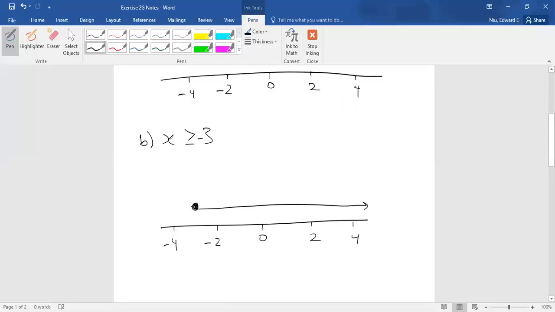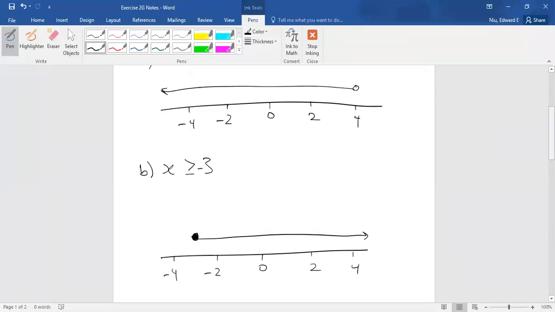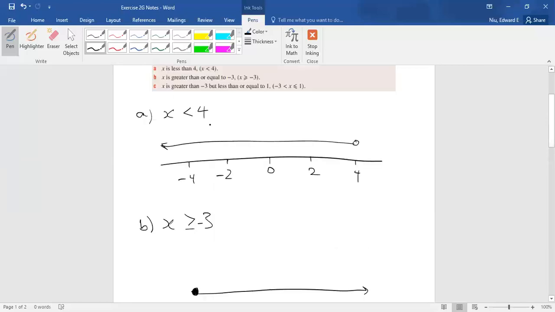Okay. So here, -3 is included because it can be equal to -3 too. So notice how in part A, there's no underline, there's no underlying equal sign. This is the equal sign. So they've just gotten rid of the top part. They've only got the bottom part.